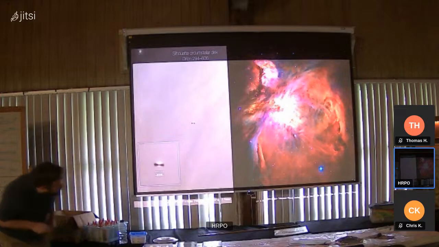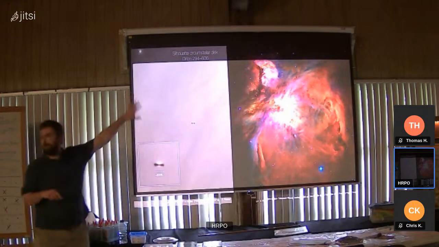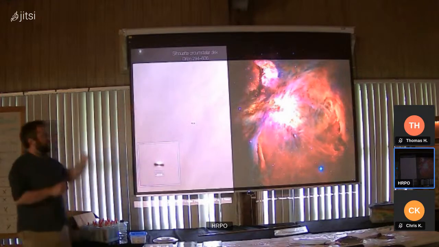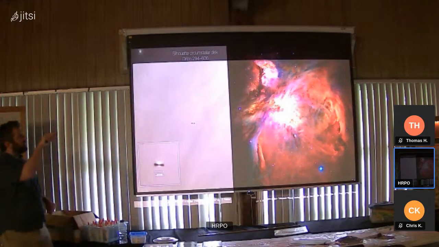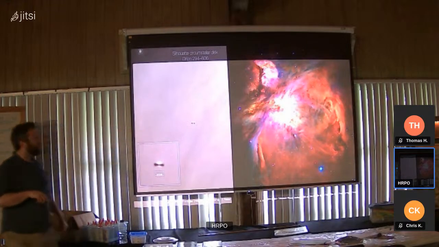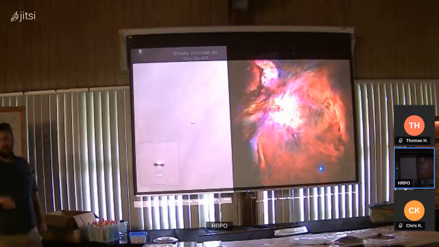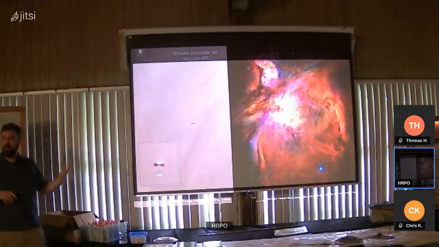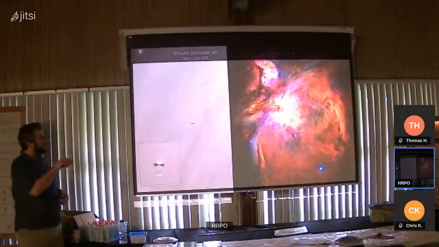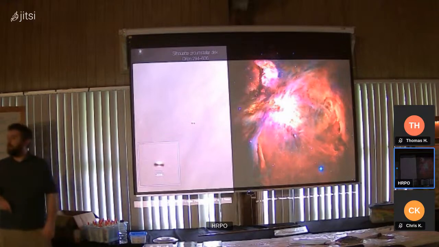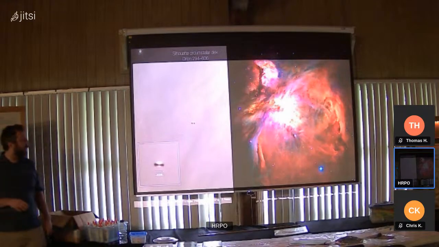No, it's a space telescope, so it's probably a professional telescope taking this one, over a wide field of view, and then JWST has zoomed in on a specific patch of the Orion Nebula, and it's seeing one of the young stars that has formed in the nebula, and surrounding it is this disk of gas and dust. And so this is exactly that protoplanetary disk that I was talking about.